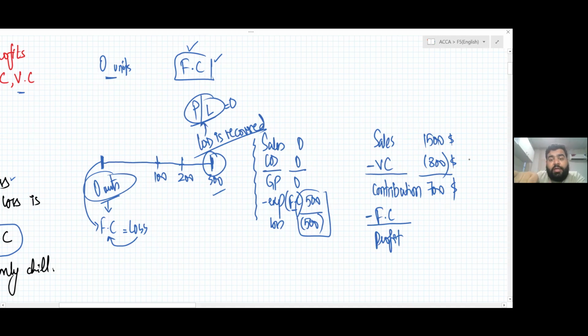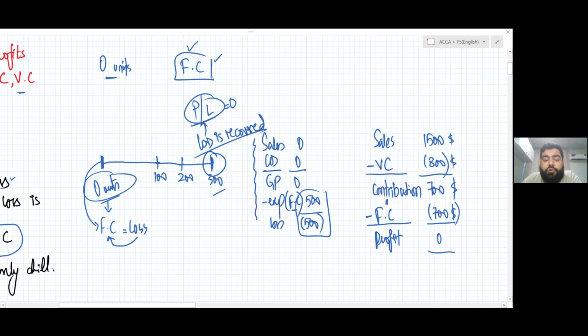But this is the income from which we have to incur fixed cost as well. Contribution is what we use to cover fixed cost first, to calculate the profit. So if your fixed cost is the same as contribution, like 700, your profit will be 0.